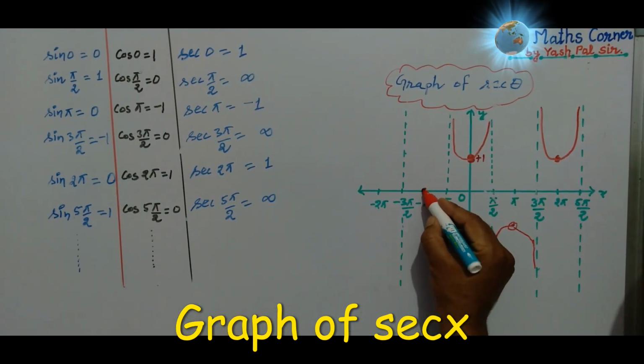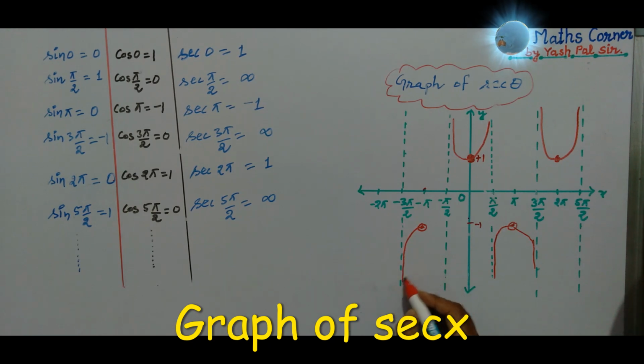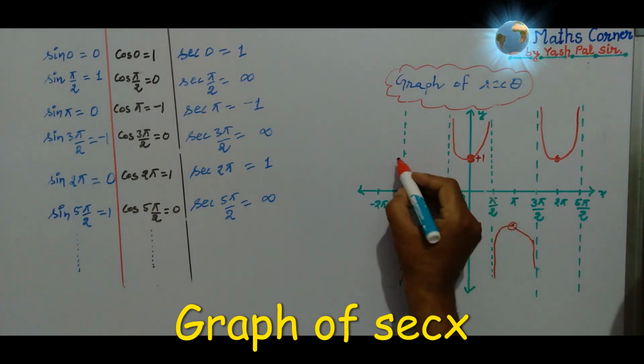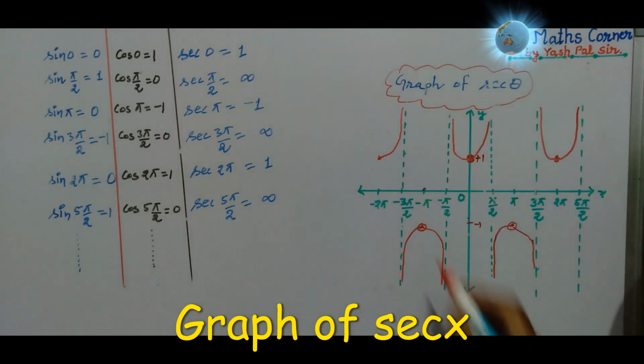This way we shall have minus 1. So this will be the shape of the graph. Okay, so like this we can sketch the graph of secant function.